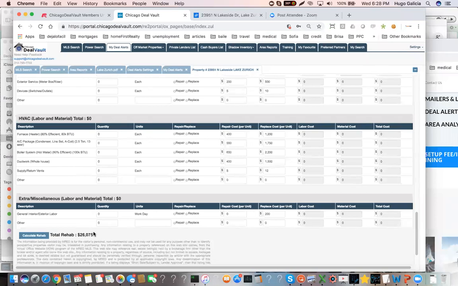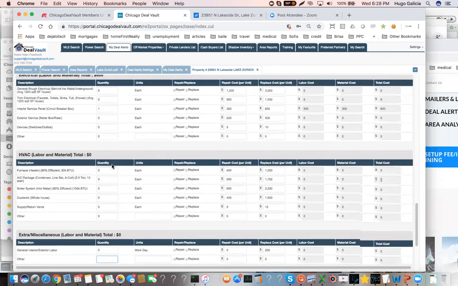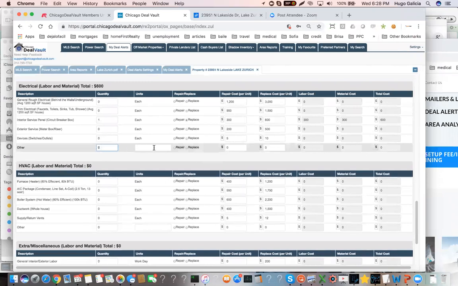We had some plumbing issues that we had to fix. That was about 3,000 in plumbing issues, plus some electrical issues, rewiring that had to be done. So between miscellaneous plumbing and electrical, that should be under electrical. We ended up spending 3,000 for electrical, so I'm going to put replaced, and the quantity is going to be 1.